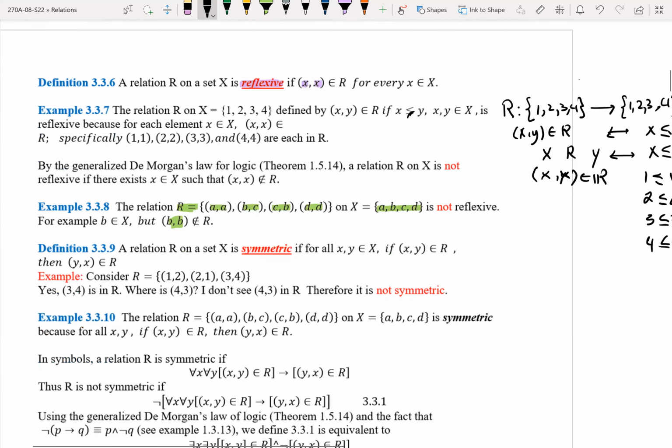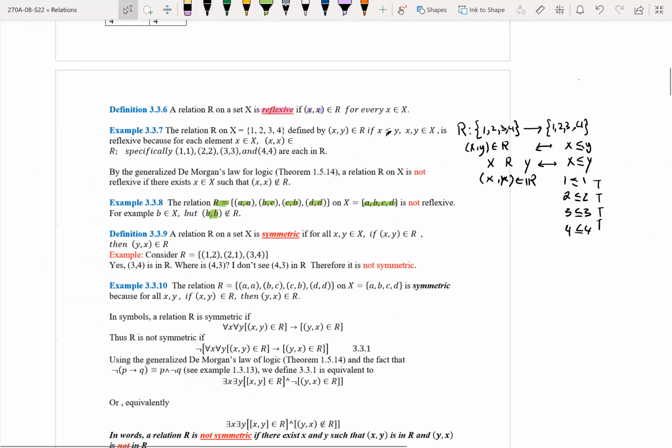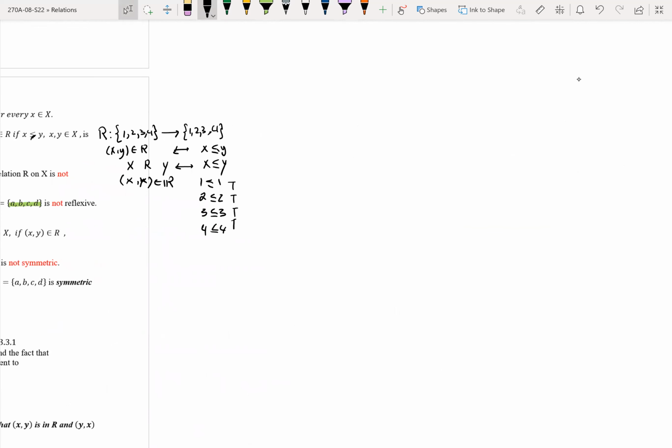What I was explaining, I can just rewrite over here. If you have X and Y related, and that relation is X less than Y without the equality sign, and your domain and codomain are 1, 2, 3, 4, then this relation is not reflexive anymore.